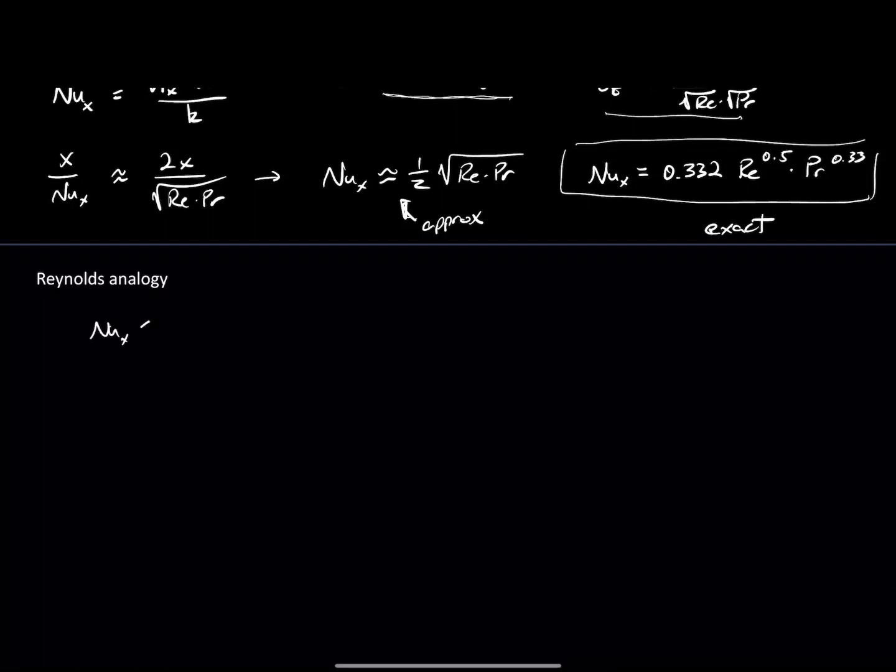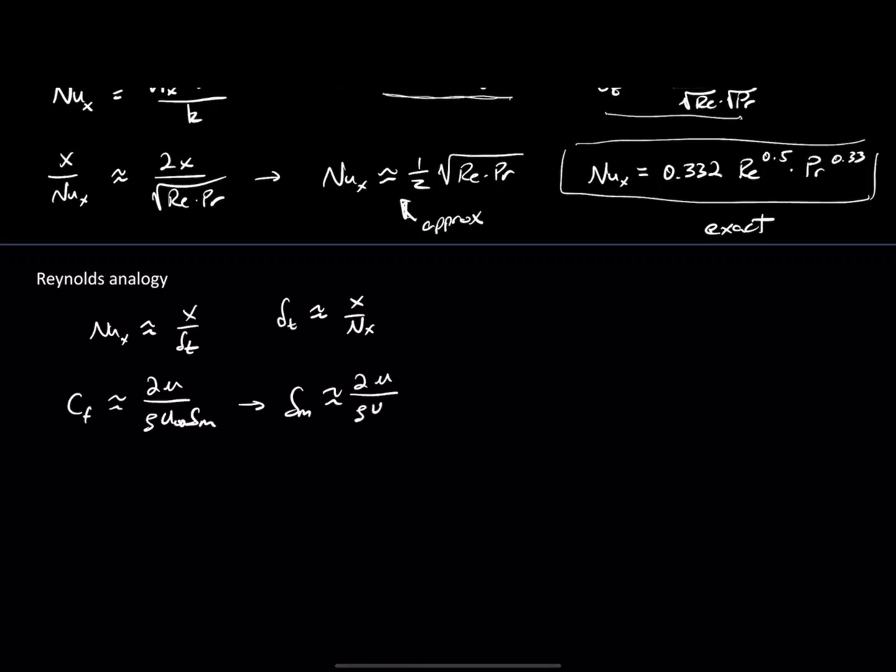So we're going to say Nusselt x is approximately equal to x over delta t, where then delta t is approximately x over Nusselt, just rearranging. The coefficient of friction is approximately 2 mu over rho u infinity delta m, rearranging, delta m is approximately 2 mu over rho u infinity cf.